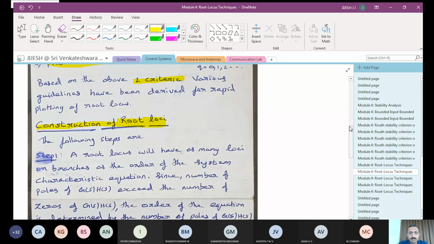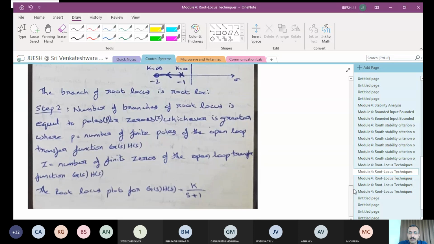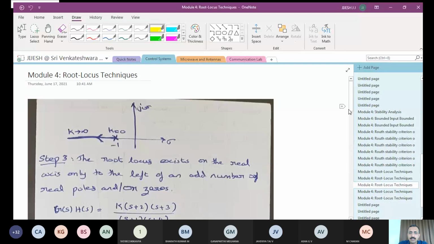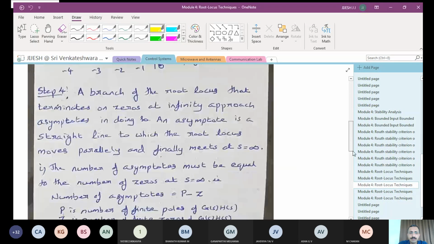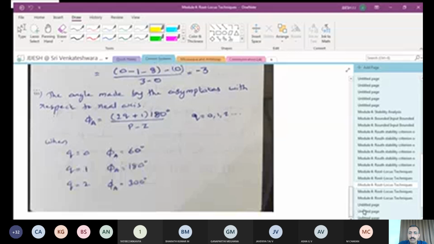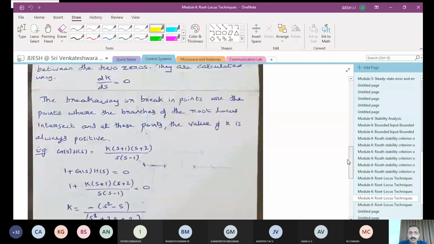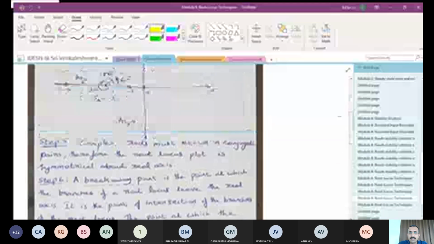Yes, sir. So we will focus on the construction of root locus, the first step. First I will just take you through the entire process. There is a first step, second step, third step, step 4, step 5, step 6, so it's a lengthy process. Around 8 to 10 steps are involved.